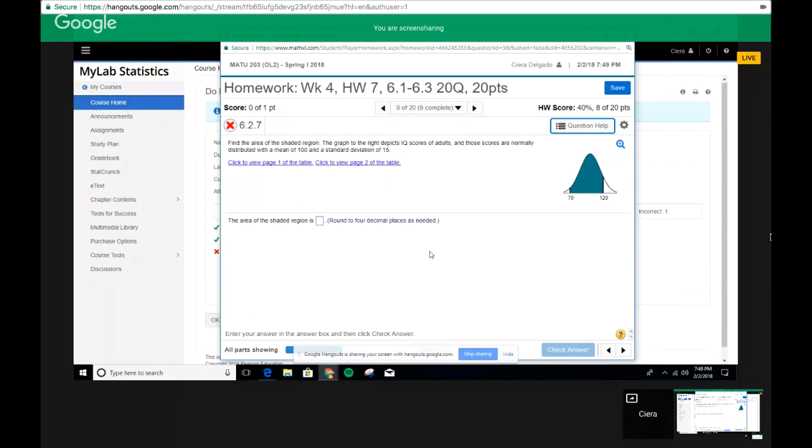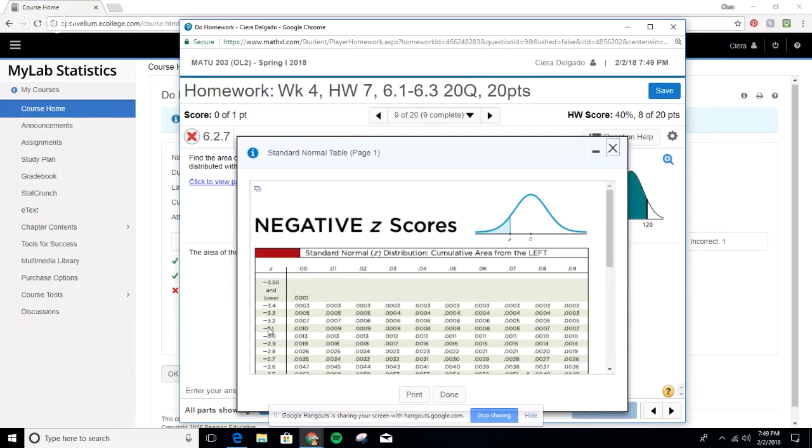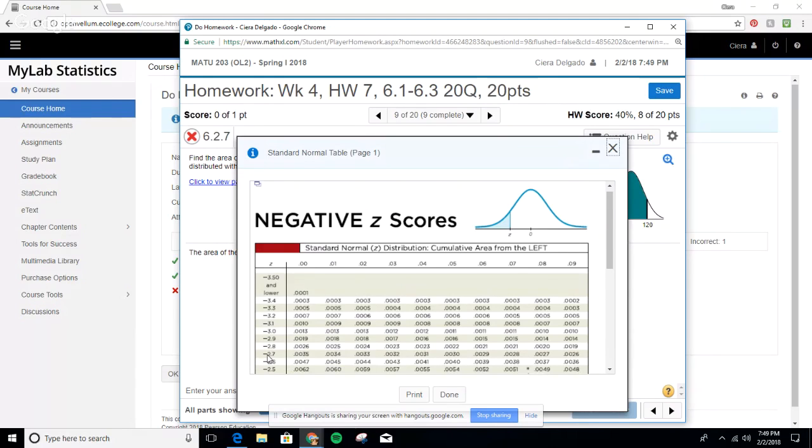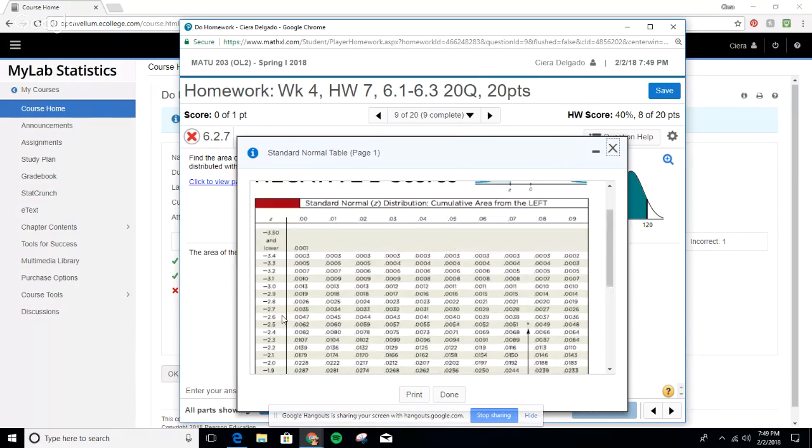I think we would go to the chart. We do. So let's look up the negative 2. It's a normal. That's why we're looking at this, right?